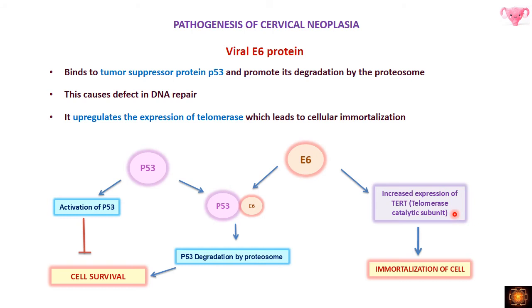It will recruit the telomere which is lost again, so the length of the telomere is retained. So the cell will be dividing infinitely. It doesn't stop. So E6 causes increased expression of this telomerase so that there is an immortalization of the cell. So E6 combines with P53, degrades it, and causes the increased expression of the telomerase.